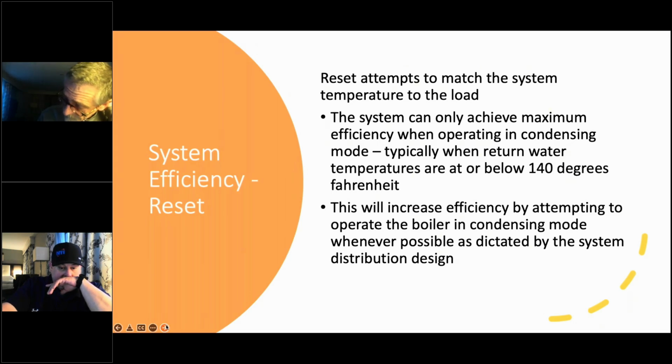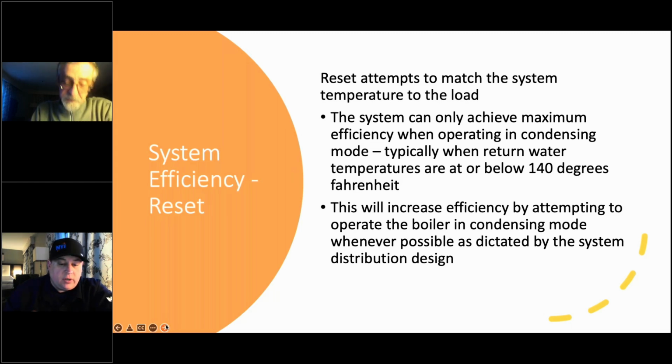Now, if you go back to that reset cruise control analogy, as the temperature outside goes up, the system temperature can go down accordingly and still match the load.